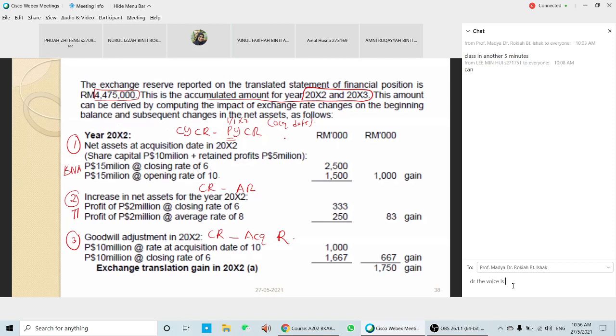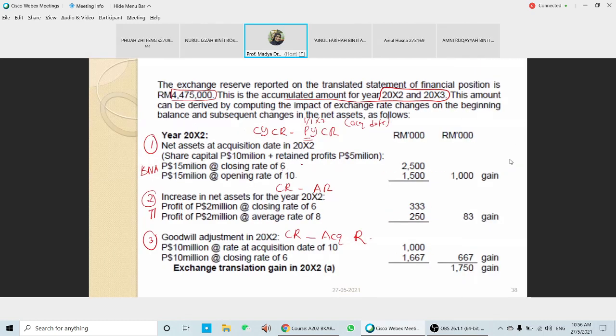Now the closing rate here is 6 peso. If you convert this to Malaysian ringgit, it will be 1 divided by 6, so we're going to have 0.167. And then the opening rate here is 1 divided by 10, so it will be 0.1.